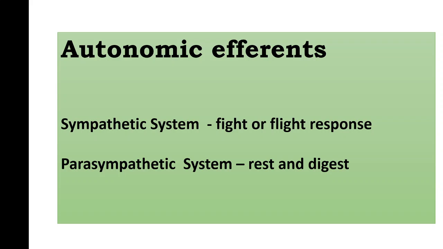So parasympathetic system function is to conserve the energy, and sympathetic system prepares body for the fight or flight response, or we can say adrenaline rush. So both systems are having opposite actions, sympathetic system and parasympathetic system.